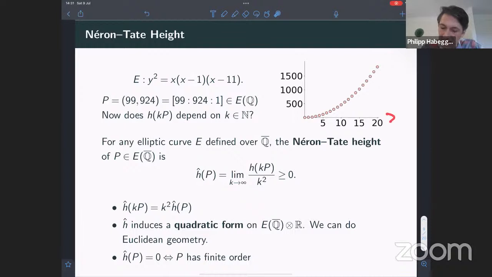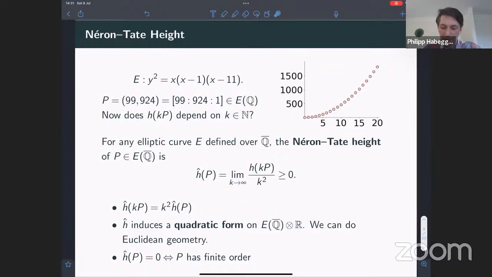The x-axis here would be k, and the y-axis will be the height of k times P. And if you squint your eyes, you'll recognize this is just quadratic growth. And the leading term in front of k squared has a significance.